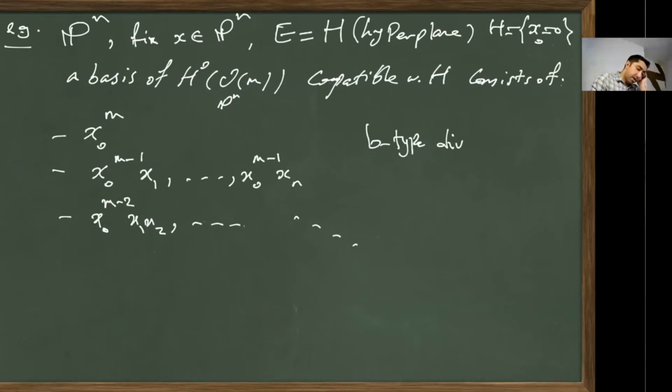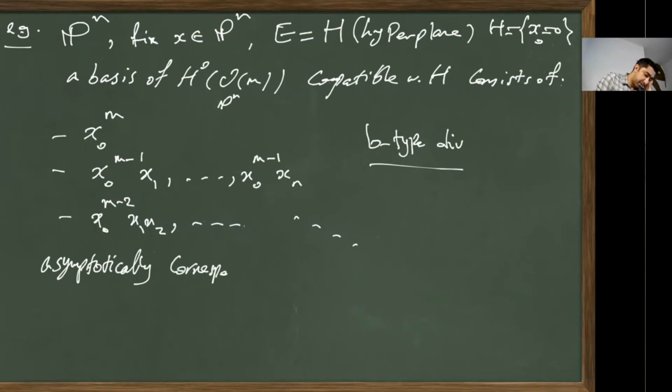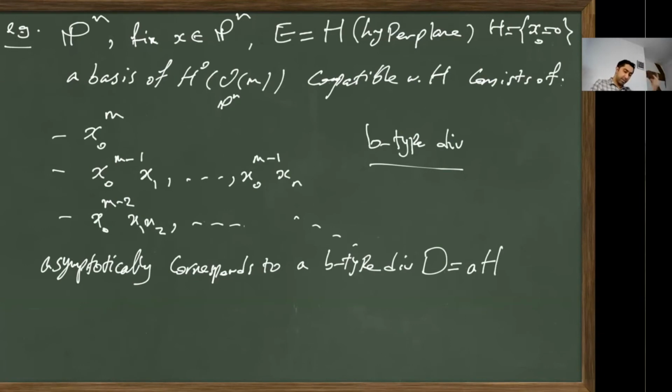Now, what do I want to say? So this divisor D, again, I'm interested in the asymptotic behavior. Asymptotically, as m goes up, it corresponds to, so I can write it as a times H. As you see, this H is going to come out throughout.